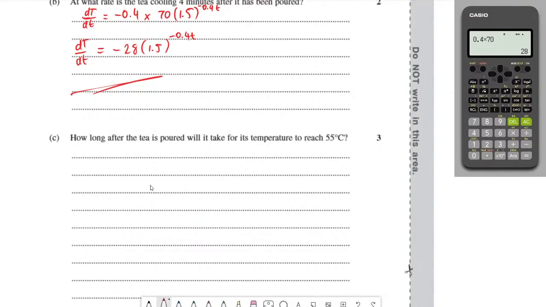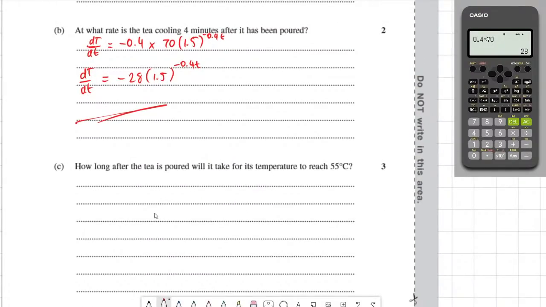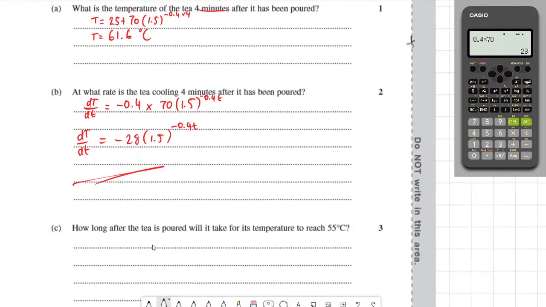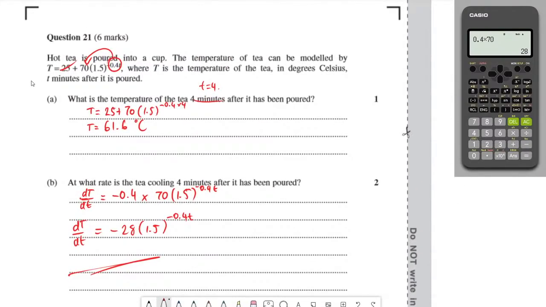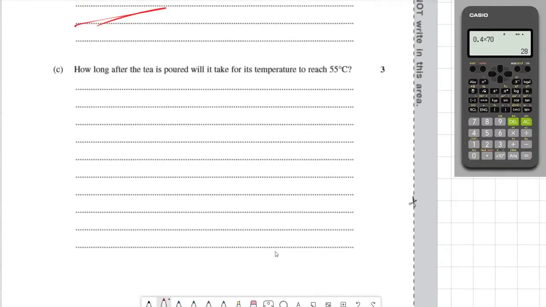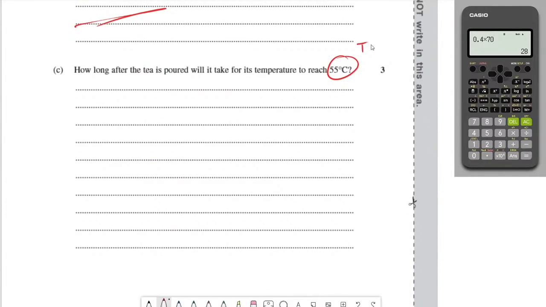How long after the tea has been poured will it take for the temperature to reach 55 degrees Celsius? How long after the tea is poured? So we're going to have to substitute that into this one here. This value is capital T. That looks like an I. So T is equal to 55 degrees Celsius.